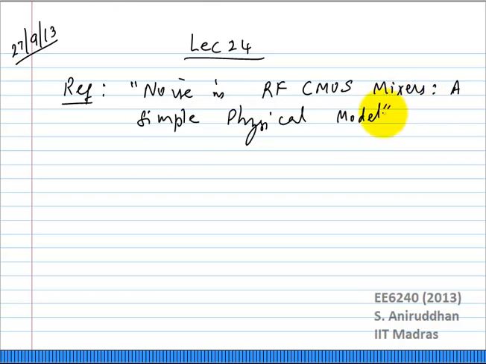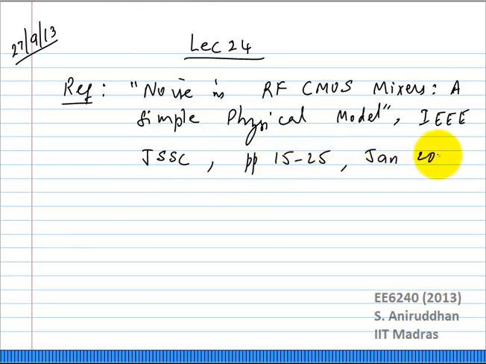And this is from the IEEE Journal of Solid State Circuits, pages 15 to 25 in Jan 2000. Okay. So if you want further results, further understanding of how you come up with the results we are going to arrive at in today's class, you can read up this paper.